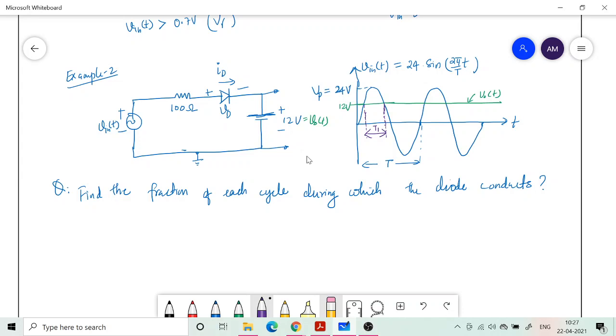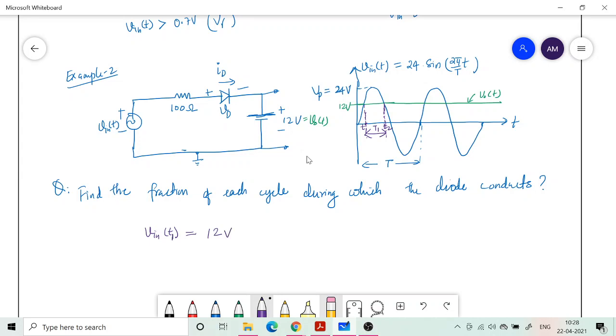So what is that point? It has 2 points here, a small t1 and a small t2. We can say Vin of t becomes 12 volt.